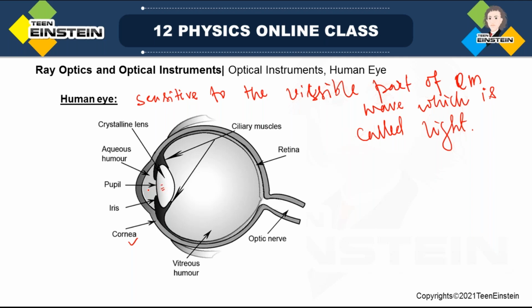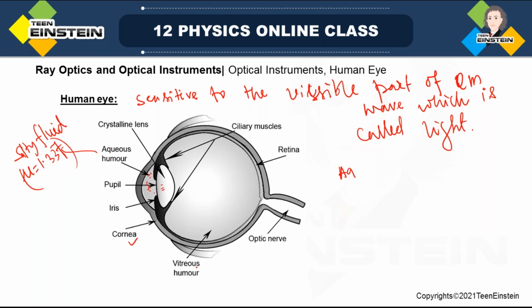Aqueous humor is a salty fluid having refractive index 1.337. This fills the space between the cornea and the eye lens.